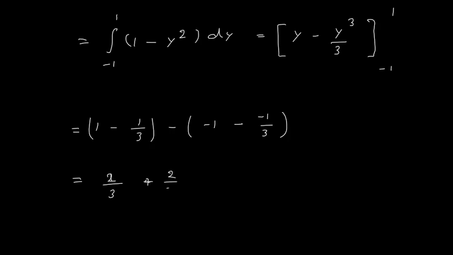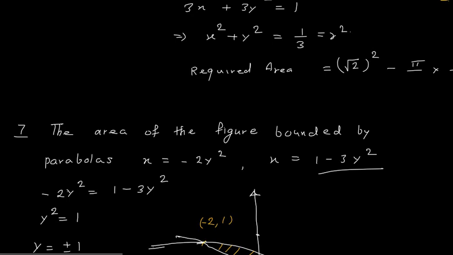Minus minus becomes plus 2/3. So 2/3 plus 2/3 is 4/3. 4/3 is your required area, the area for this problem.